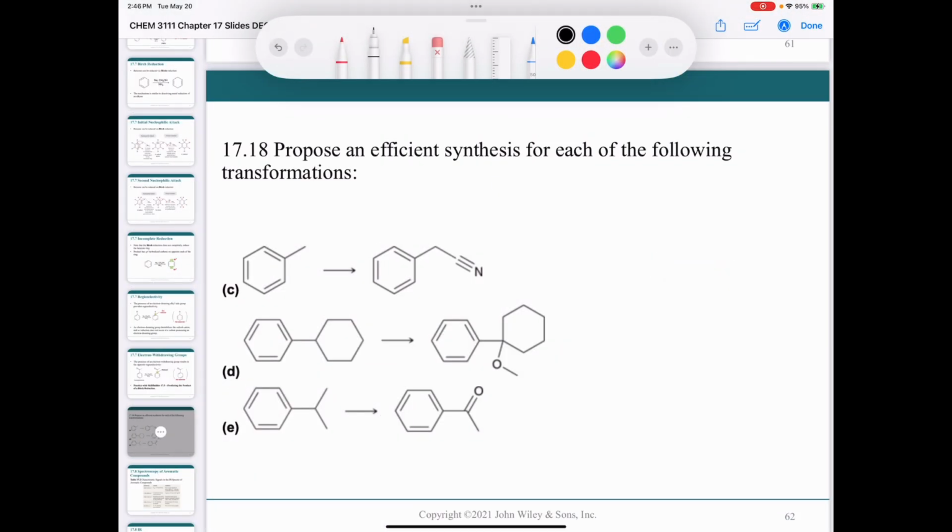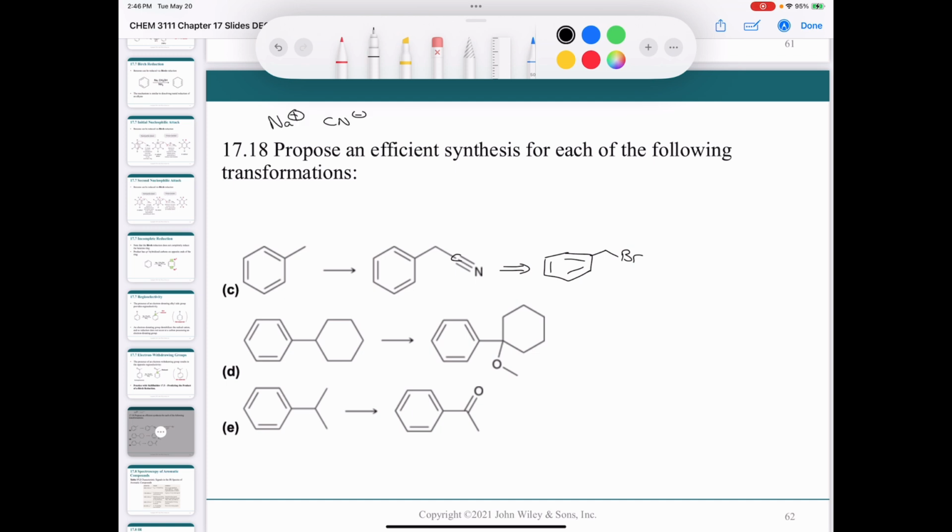Okay, let's try a couple of synthesis problems that involve benzylic bromination. So for the first one, we're taking toluene, and then we want to install this nitrile. Remember, this is a CN group here. We call that a nitrile, and that could come from benzyl bromide. If we had the benzyl bromide, all we'd have to do is treat it with sodium cyanide, Na plus and CN minus.